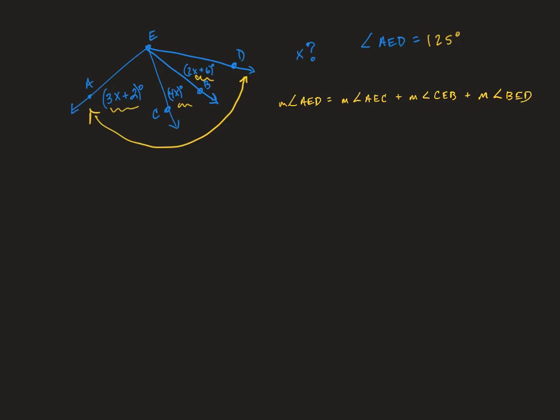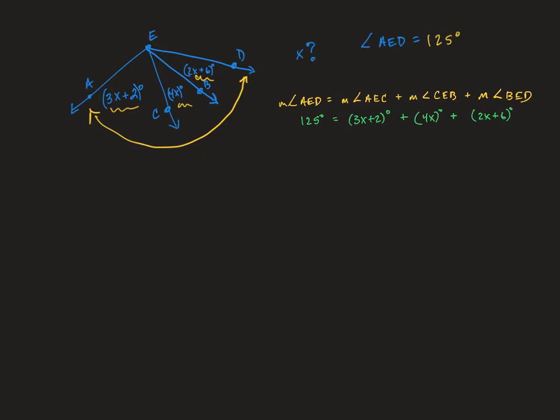Now I can do my substitution now that I've written this out. So as I substitute in my values, AED we said is equal to 125 degrees. That is going to be equal to the measurement of AEC, which is 3x plus 2 degrees, plus the measurement of CEB, which is 4x degrees, plus the measurement of BED, which is 2x plus 6 degrees.